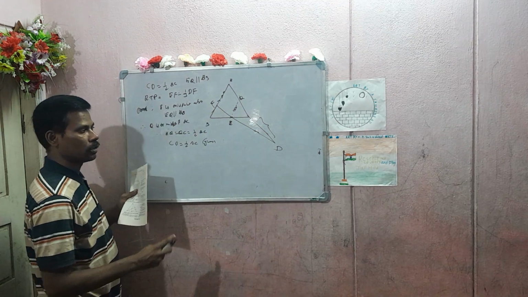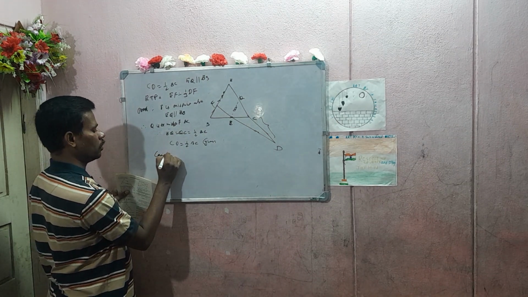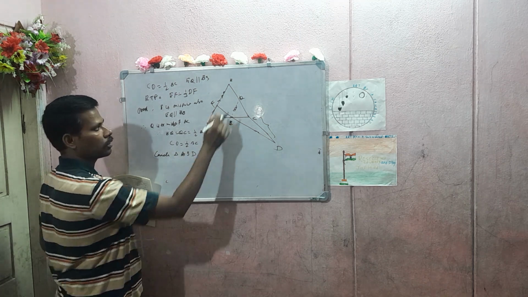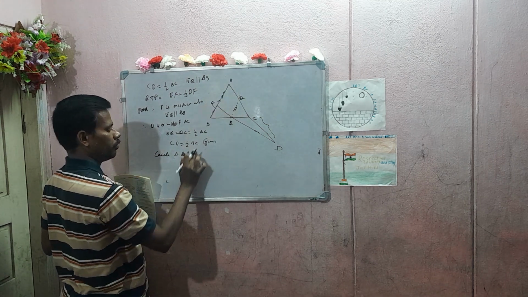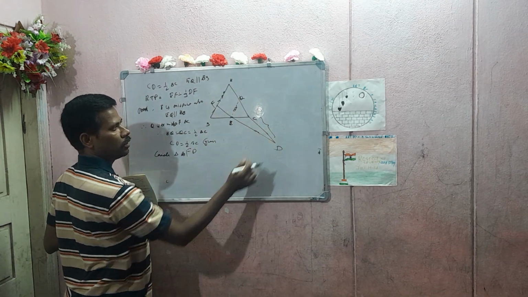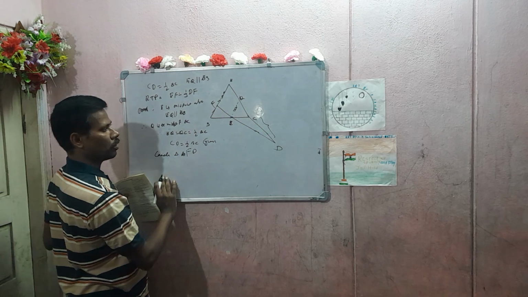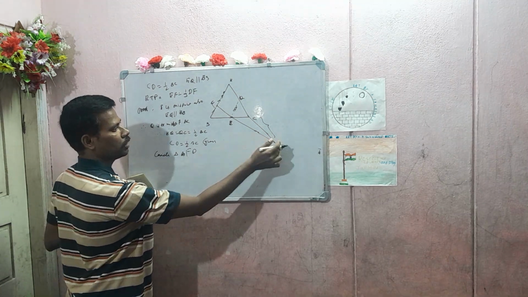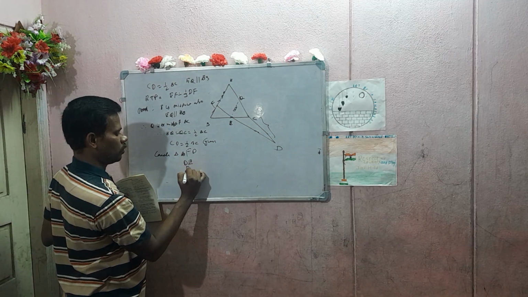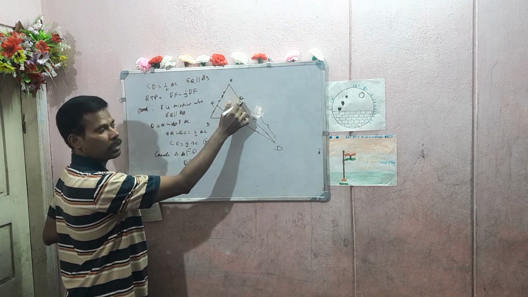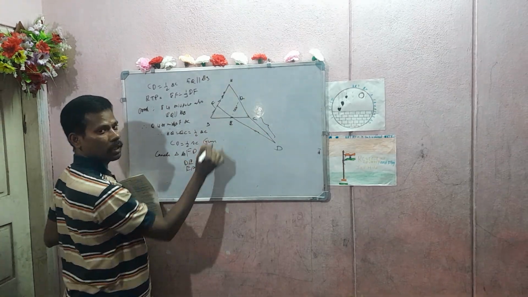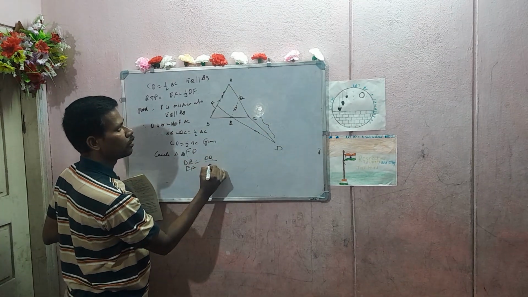Next, consider triangle AFD. What do you use? The basic proportionality theorem. DE by EF is equal to DQ by QA.